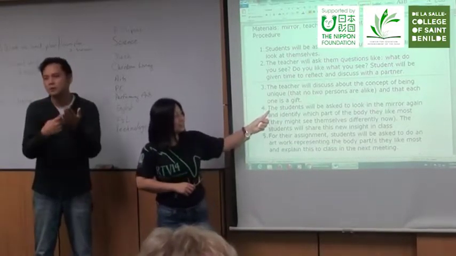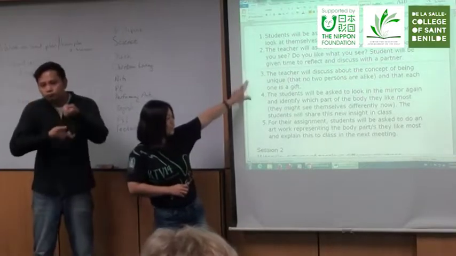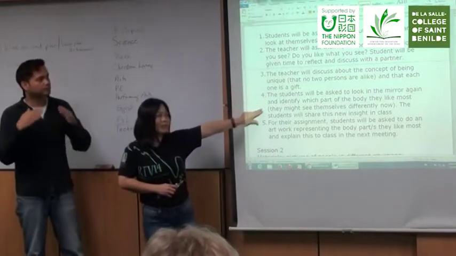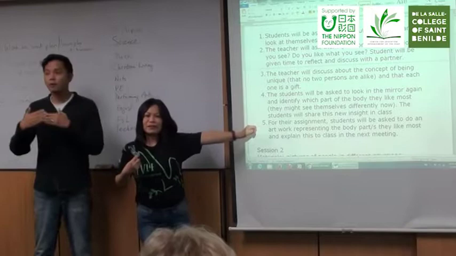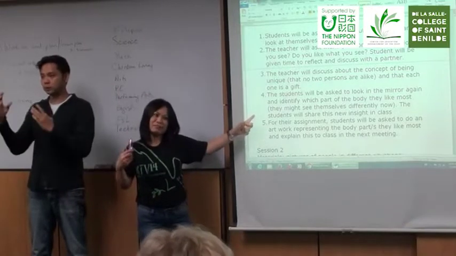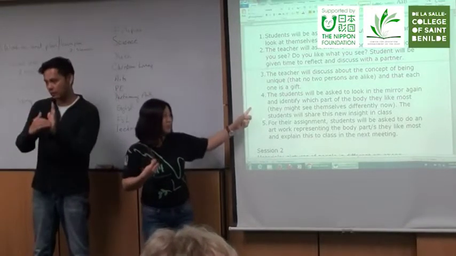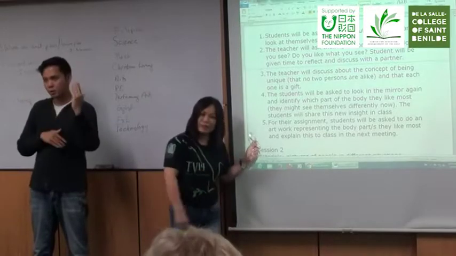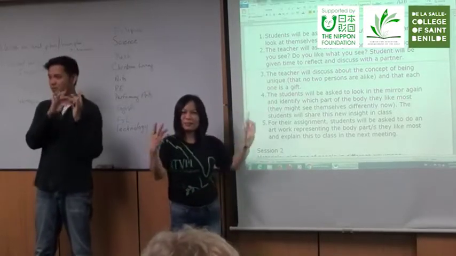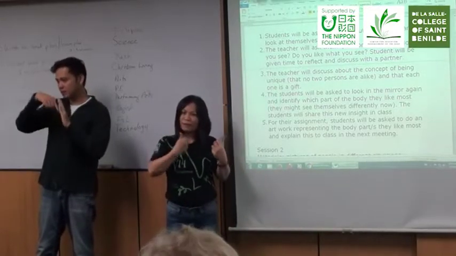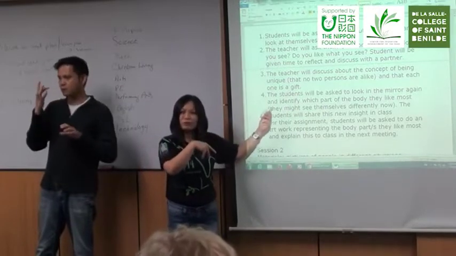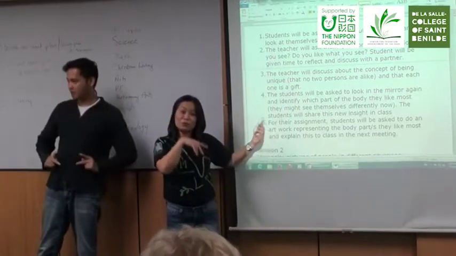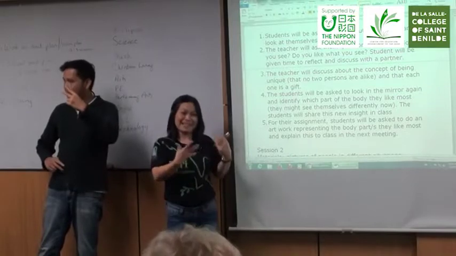Next, the students will be asked to look again in the mirror after the teacher's discussion. This is the deepening activity, because the first one was very physical, just looking at themselves. But when we go to the qualities, they look at themselves deeply.